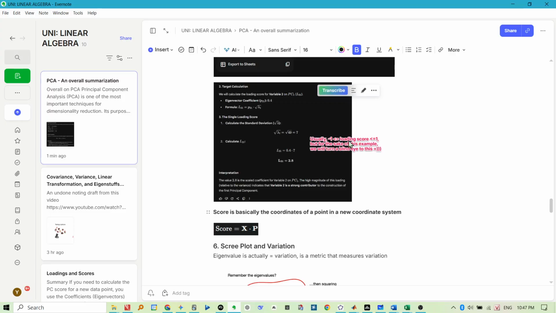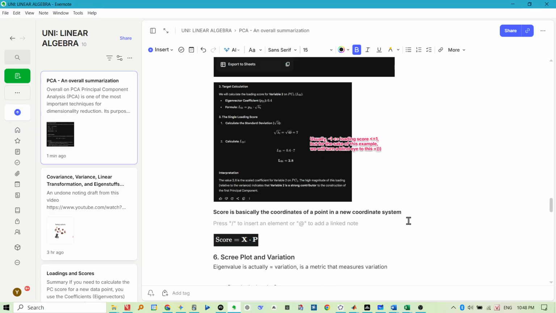The closer the loading score is to 1, the higher the compatibility.